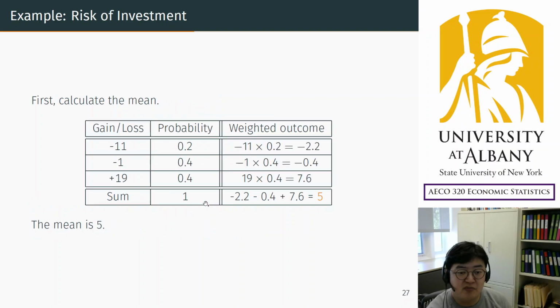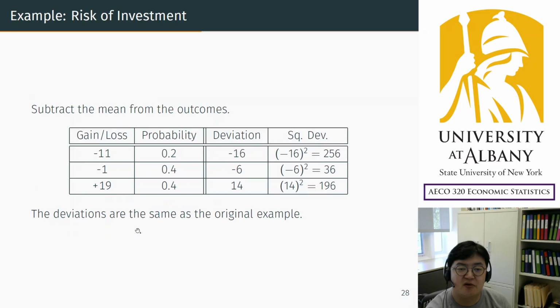So the mean would also be subtracted by 1. The previous original example had a mean of 6, so now it must be 5. So it's clear. And then calculate the deviations first.